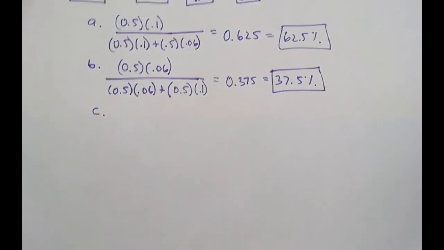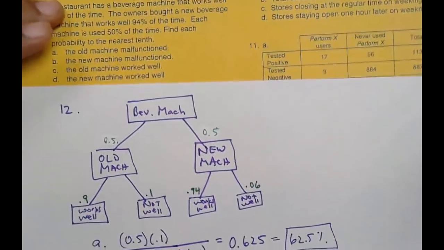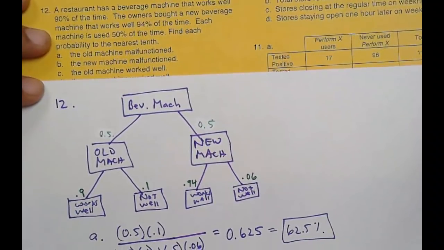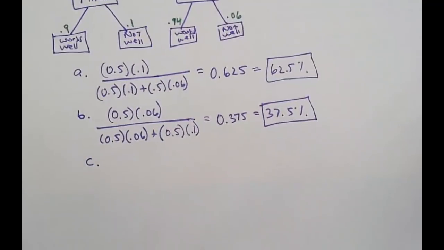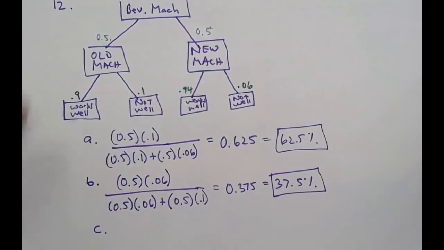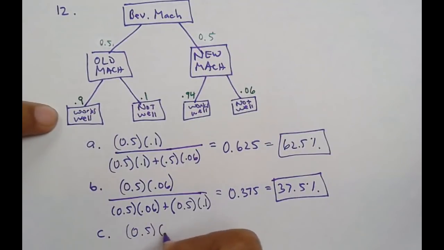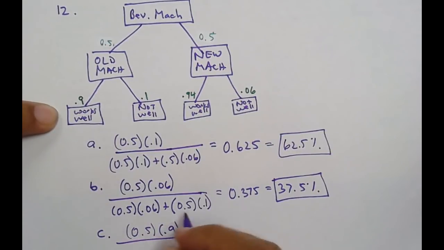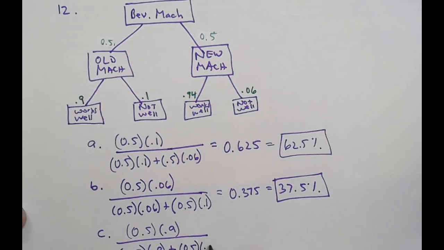And then part C, let's go back up here, says that the old machine actually worked well. Old machine working well out of working well in general. So let's go ahead and look at this chart. Old machine, 0.5, working well, 0.9, out of all the working well. So 0.5 times 0.9 plus the working well on using the new machine, 0.5 times working well is 0.94.